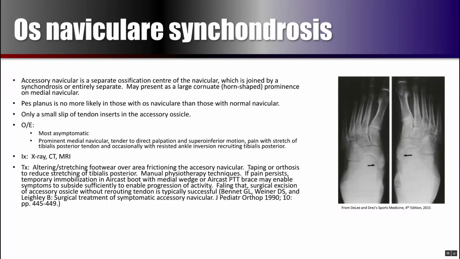These are typically sufficient, but in those whose pain persists, temporary immobilization in an air cast boot with medial wedge, or a special brace that supports the tibialis posterior tendon, may enable symptoms to subside sufficiently to enable progression of activity. Failing all these measures, surgical excision of the accessory ossicle is typically successful without rerouting the tendon.